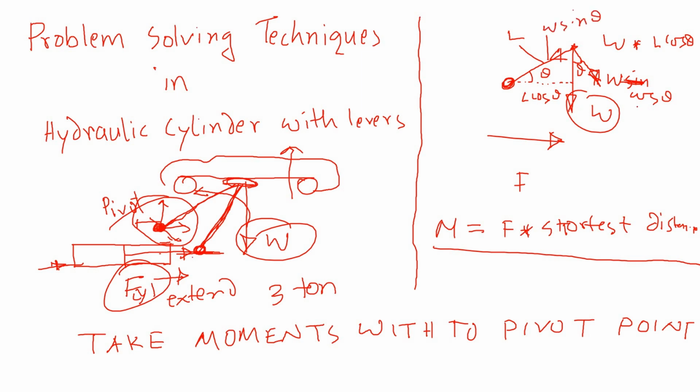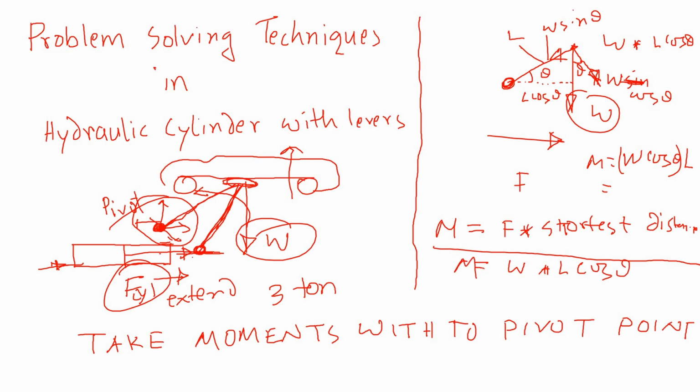If we take moments this way, after resolving the force, the moment is equal to the force, which is W cosine theta now, times the shortest distance, which is L now. As you can see, it's the same thing. Without resolving it, it was weight times L cosine theta. You end up with the same thing.